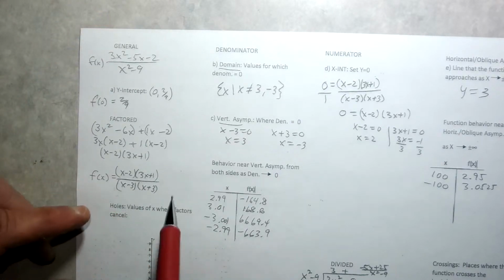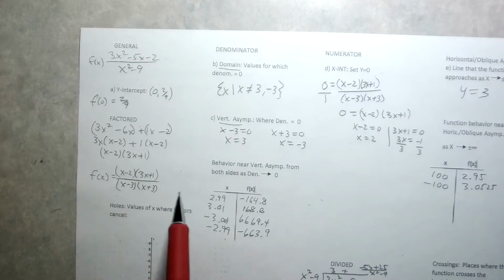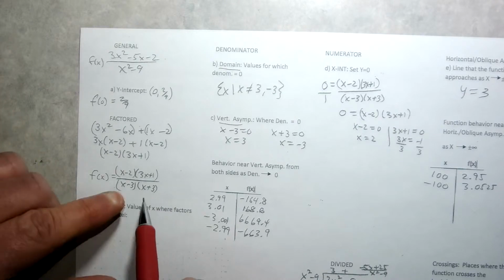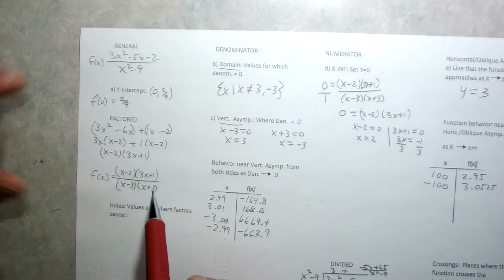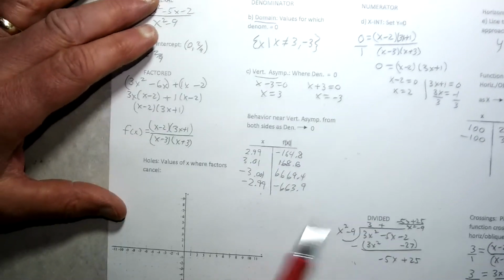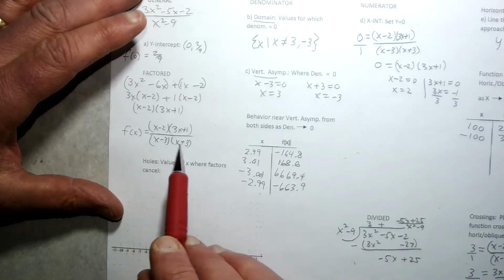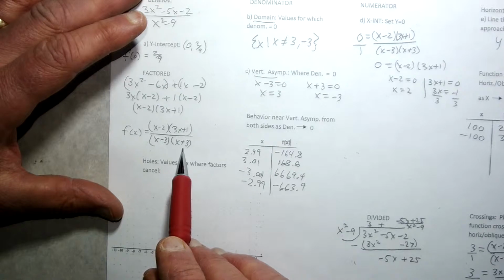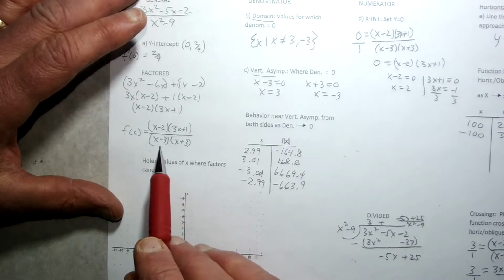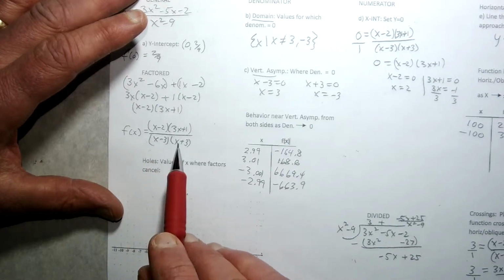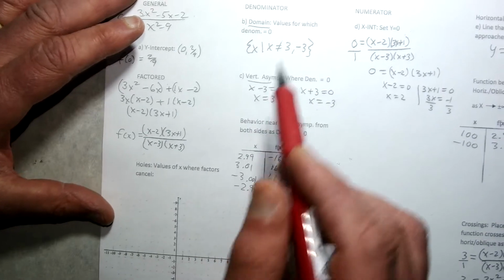Okay, so I'm going to take a look at the vertical asymptotes first. The vertical asymptotes come from the factors of the denominator. It turns out on this particular function, the denominator has the factors of x minus 3 and x plus 3. Well, we can't actually have the value of 3 or -3 in this function. They're excluded from the domain, and you can see that right here.